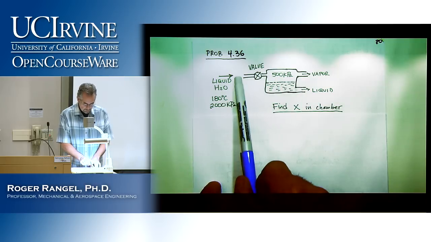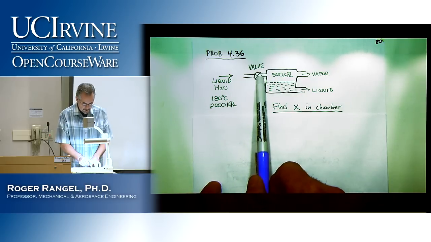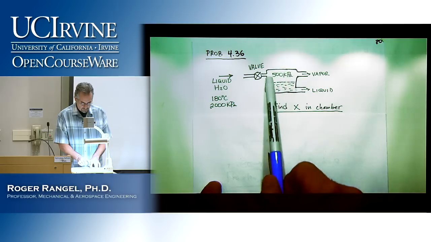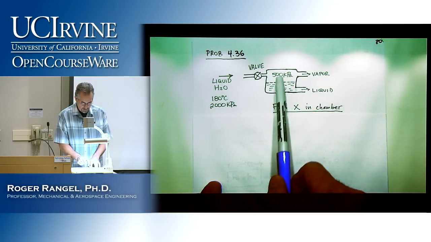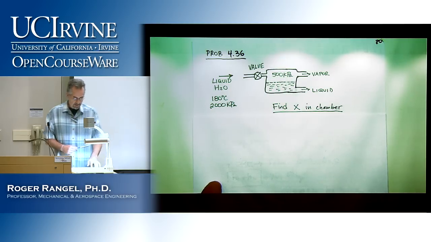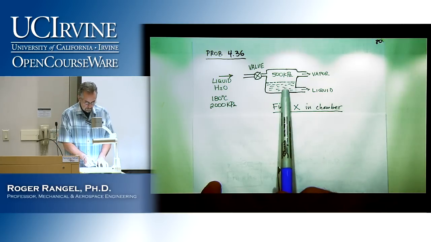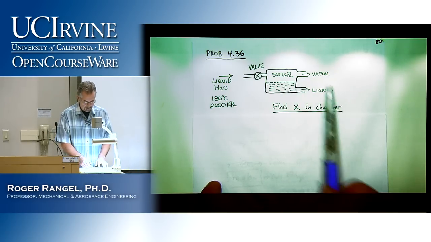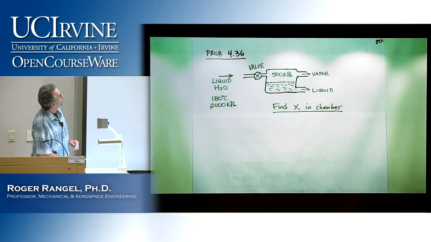So it comes in as pure liquid, goes through the throttle device, flashes, some of it turns into vapor, and of course some remains as liquid. And then if we want, we can separate the liquid, take it out one direction while we take the vapor out in some other direction.